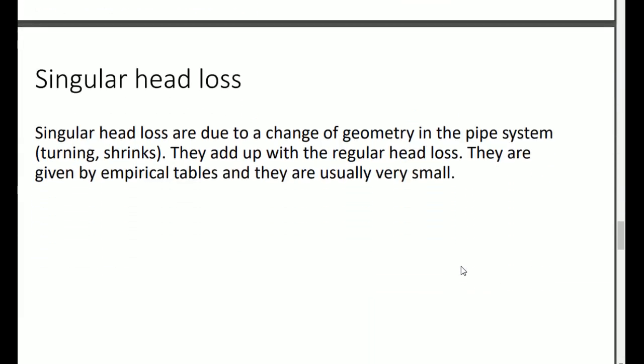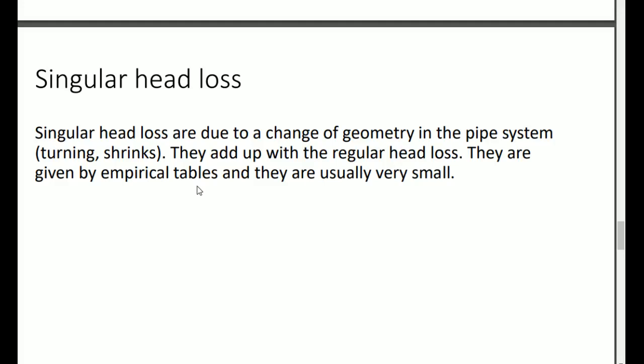Singular head loss. So once you've calculated the regular head loss, you need to take into account the shifts in geometry. So when the pipe system turns, when it shrinks, when it expands, this loss is spatially instantaneous, unlike the regular ones, and they add up with the regular head loss to be calculated, and they are given by empirical tables.